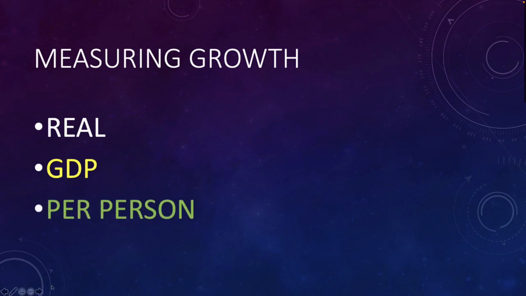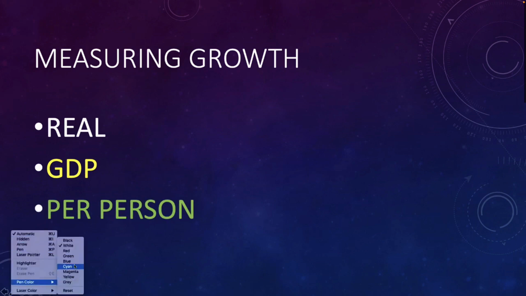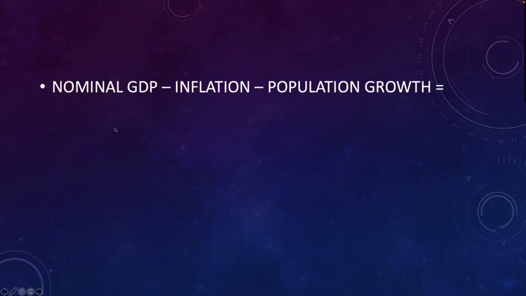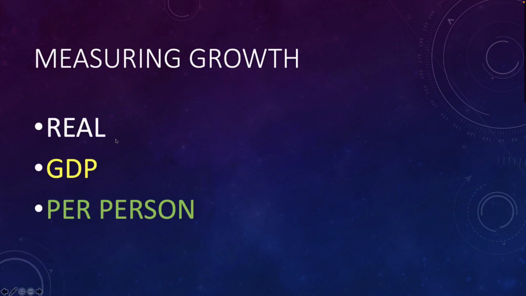So we're looking very specifically here at real GDP. And remember, when we talk about real GDP, we are talking about the inflation-adjusted GDP. So we're taking these numbers and adjusting them for changes in price.